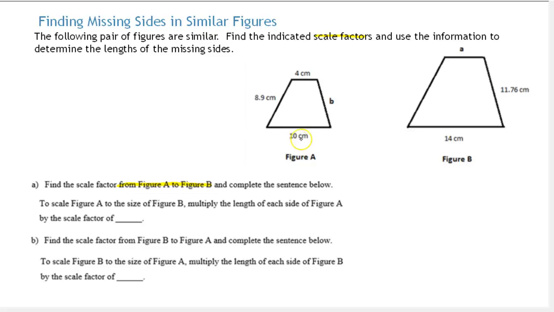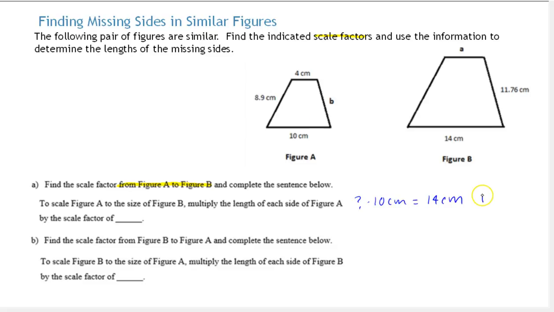So here's figure A. If I wanted to scale it to figure B, we're thinking how many times as large as 10 centimeters is 14 centimeters. Okay, so what do I multiply 10 by to get 14? And I hope this looks familiar. Notice there's one copy and a little bit more. And we can solve this by looking at the ratio.